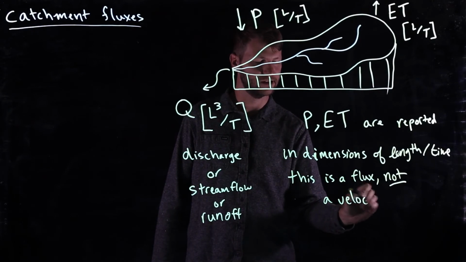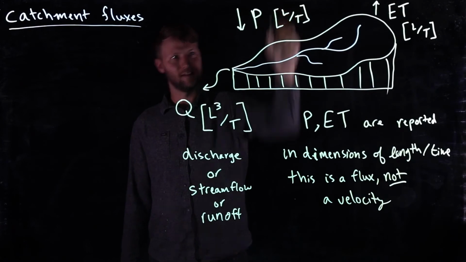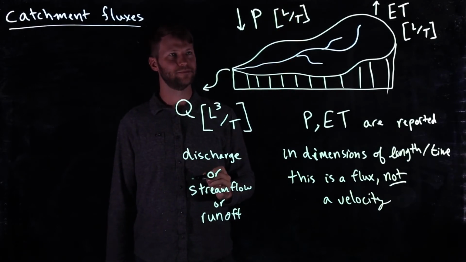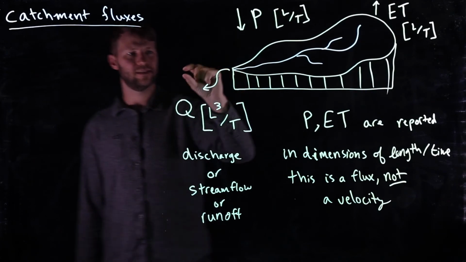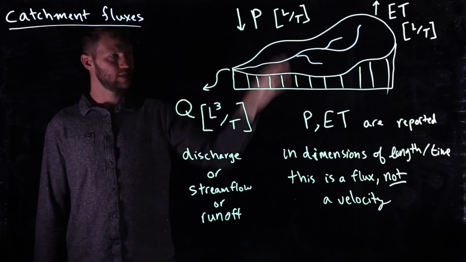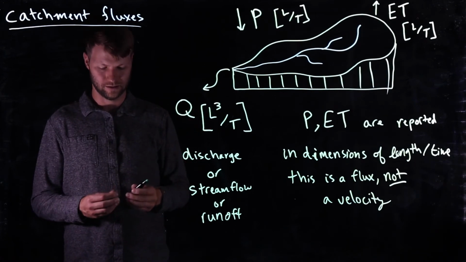Remember that velocity also has dimensions of length per time. But this is not actually the velocity at which rain is falling down. Instead, what this is it's the amount, the equivalent thickness of water, if you spread it over the landscape, that's arriving in a particular amount of time.